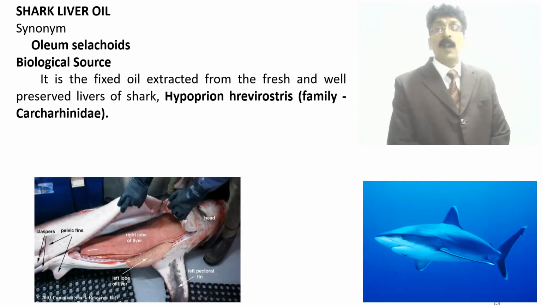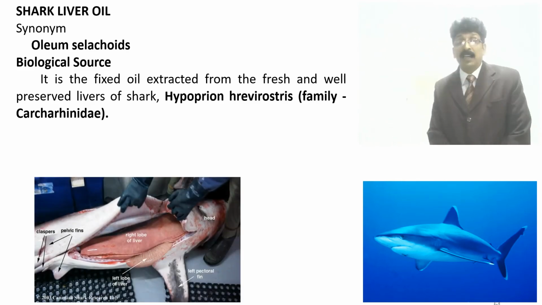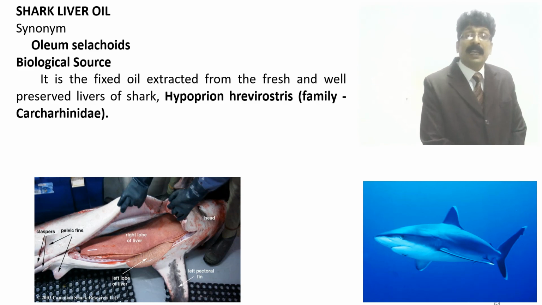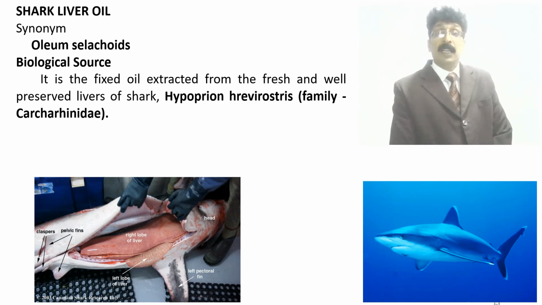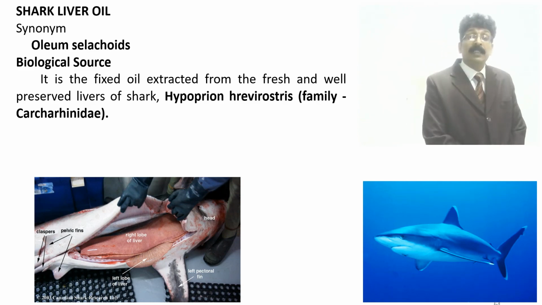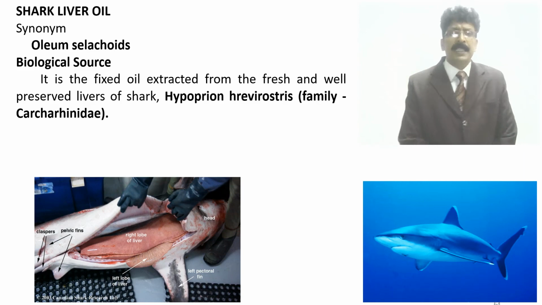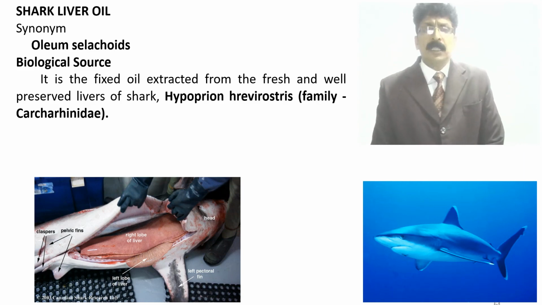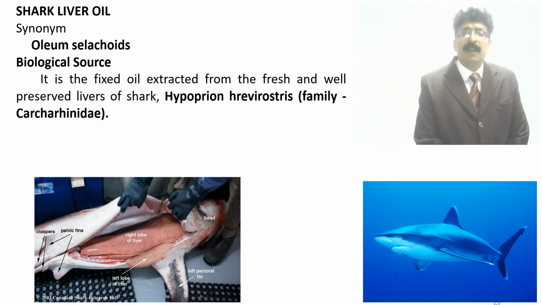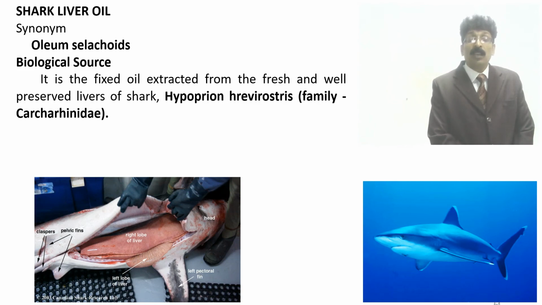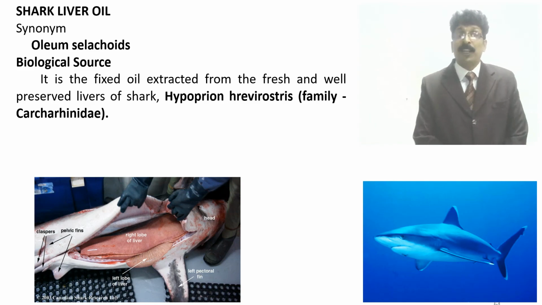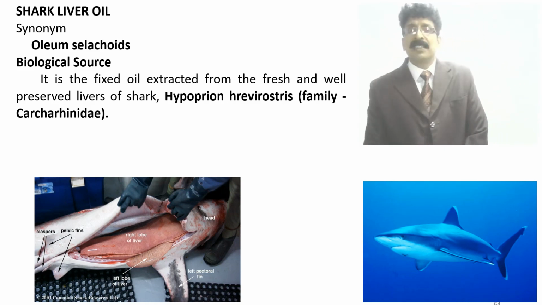This is one picture which shows how the big shark has been opened, and you can see the right lobe of the liver in the abdominal region when you cut, and you can see the pelvic region and also the claspers. When the fresh fish is opened, you can see the left lobe of the liver, and the left pectoral fin, a very strong fish actually.